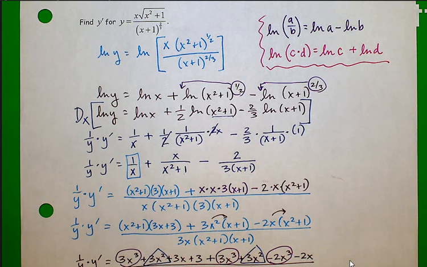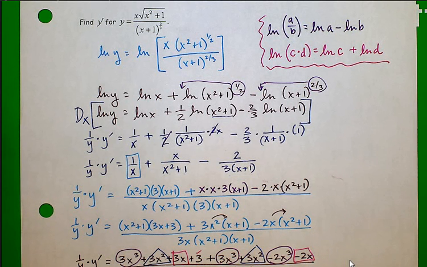Three x minus 2x gives me just plus x. And then there's a plus 3. All over, same denominator. Okay. That's all I'm going to do on the right hand side at this point.